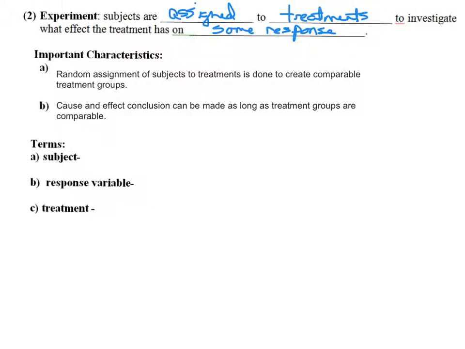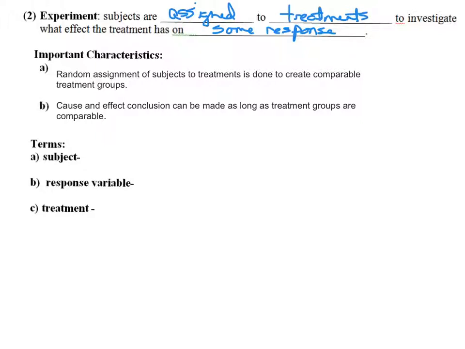Some important characteristics of experiments are, first of all, random assignment of subjects to treatments. Random assignment is done so that we create comparable treatment groups. So random assignment is going to be really, really important when we are talking about experiments.